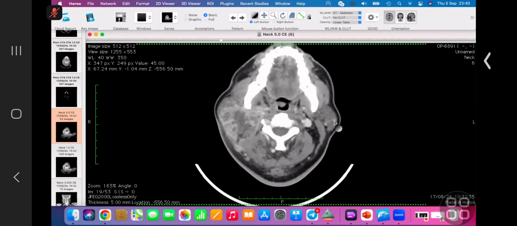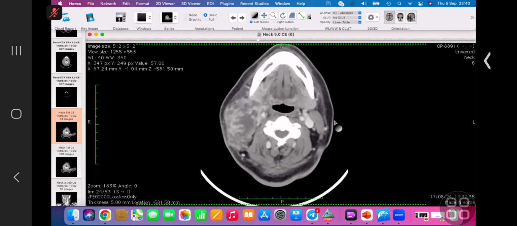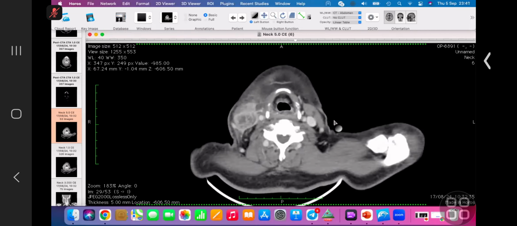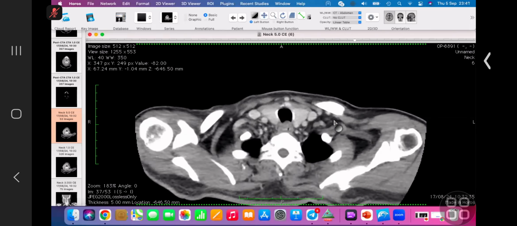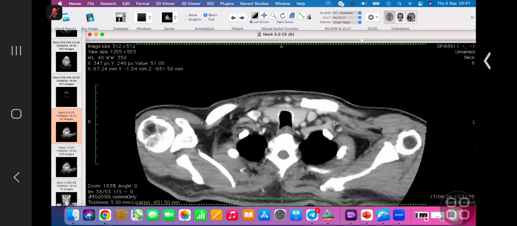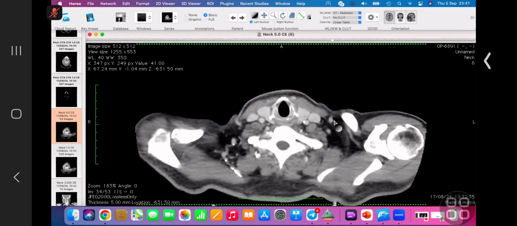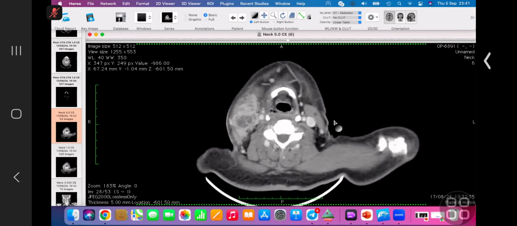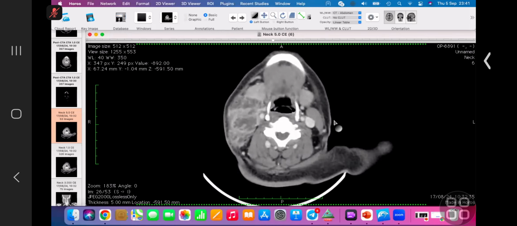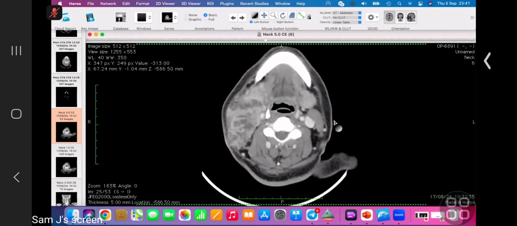Yes, 50. Okay. So given the appearance of this heterogeneously enhancing lesion within the superficial lobe of the parotid gland, I can also see multiple enlarged bilateral upper and lower deep cervical lymph nodes. The lower extension of the mass itself appears to reach the lower neck.